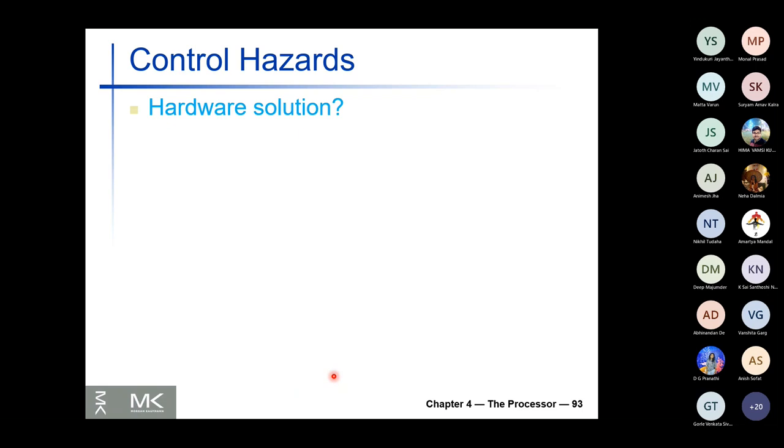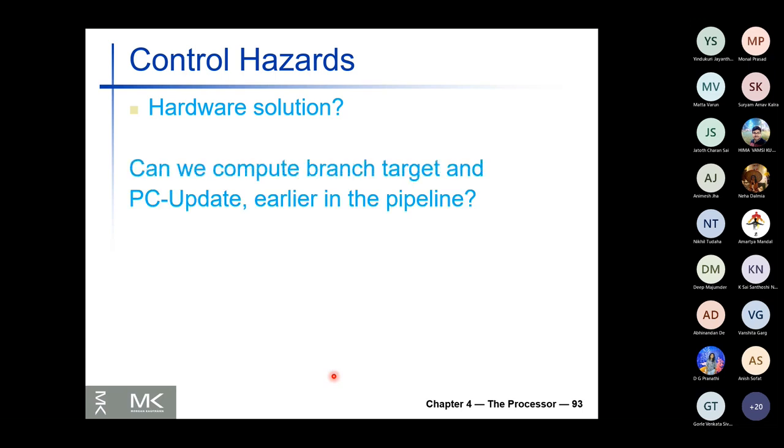Now, is there any hardware solution you can think of just from common sense? Since the update is being done in the memory stage, that's why you have to wait for 3 clock cycles, right?